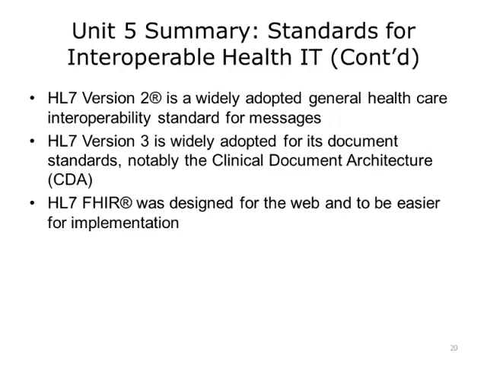HL7 version 2 is a widely adopted general healthcare interoperability standard for messages. HL7 version 3 is widely adopted for its document standards, notably the Clinical Document Architecture, CDA. HL7 FHIR was designed for the web and to be easier for implementation.